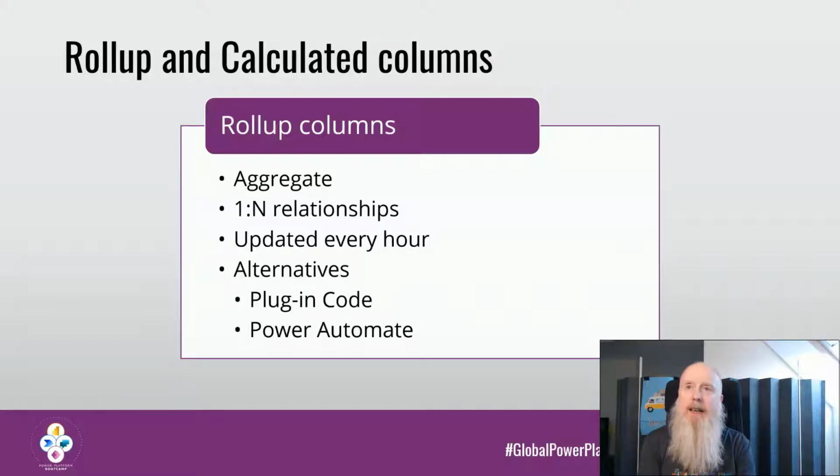So we first tried to do it with Rollup fields. We had to abandon that approach and go to code. So just another example where I love Rollups. They're really, really useful, but they do have that limitation about triggering something when they either get to a certain value or drop down to a certain value, or something else happens.